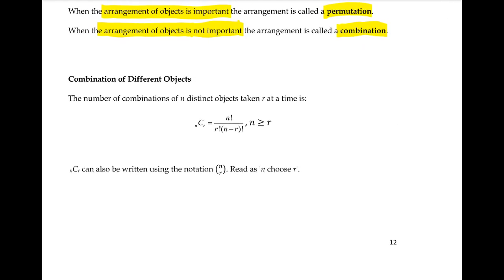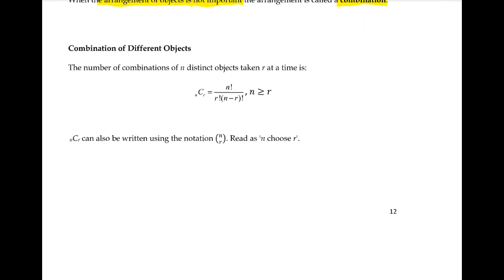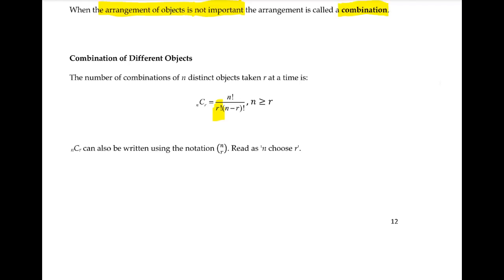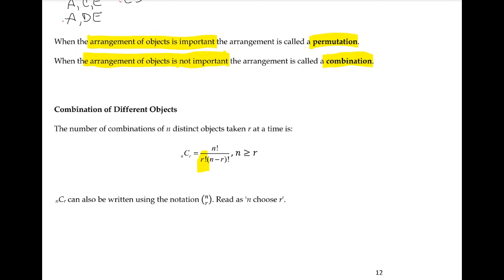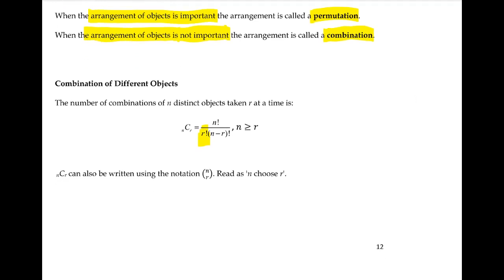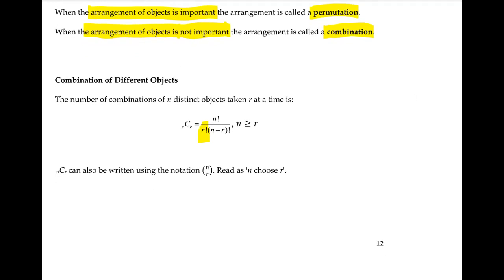So the formula for this is nCr equals n factorial divided by r factorial times (n minus r) factorial. So this piece right here is what's new. Taking out not only the repeaters, but also the possibilities of different arrangements within a particular set.